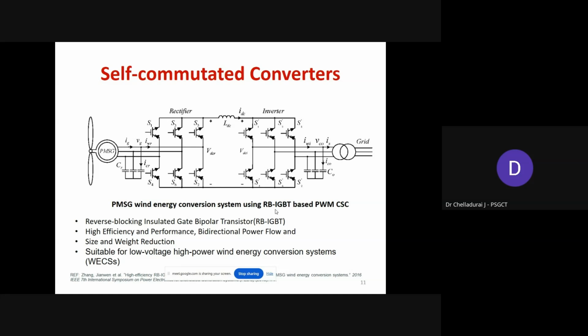By using this, the IGBT switching frequency compared to the previous devices is very high. So the overall efficiency and performance is better compared to the previous one. Then size and weight reduction is also possible.